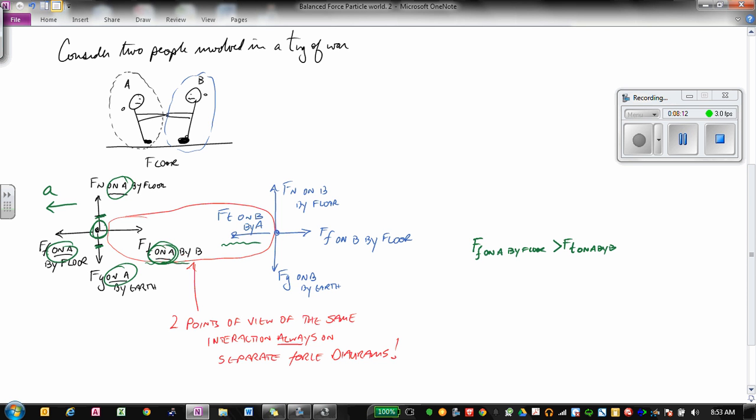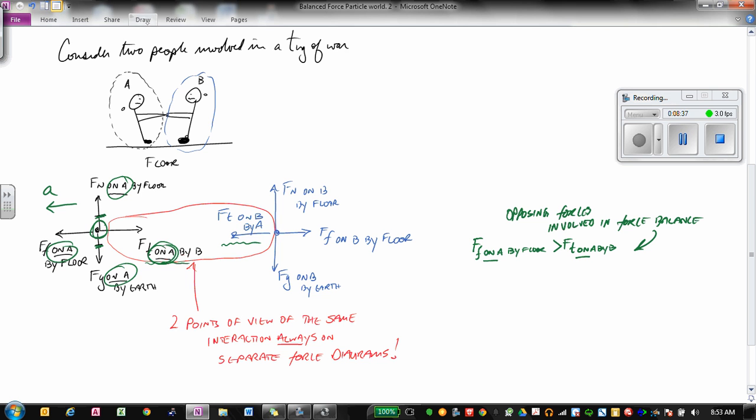So these are two forces, these are opposing forces that are involved in force balance. They act on the same system.